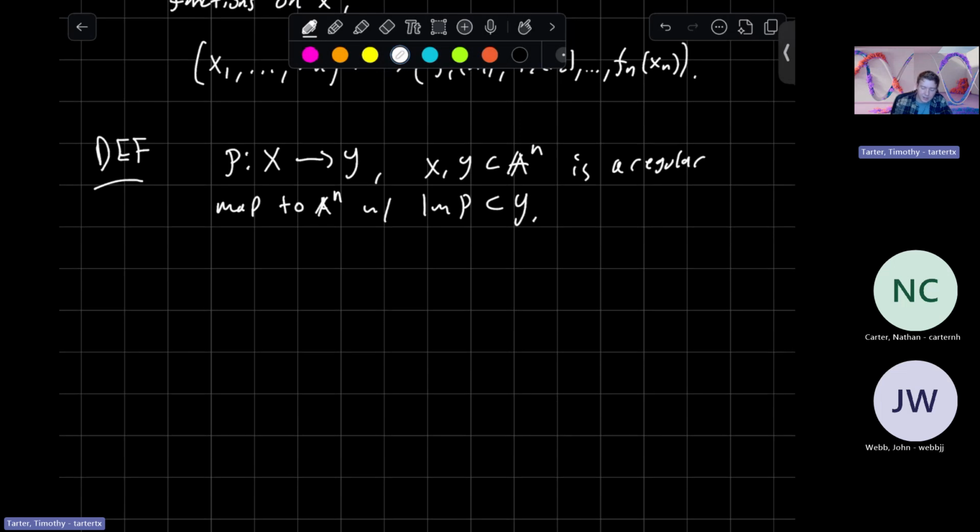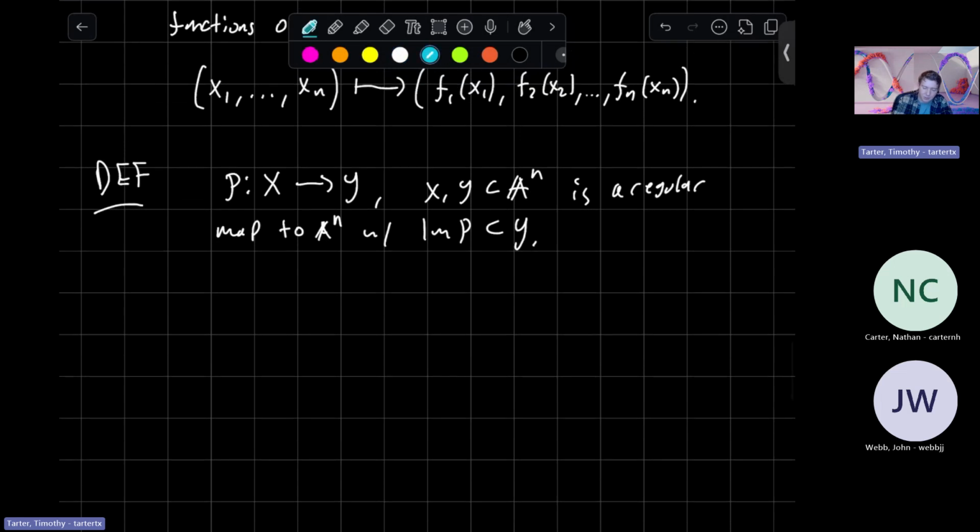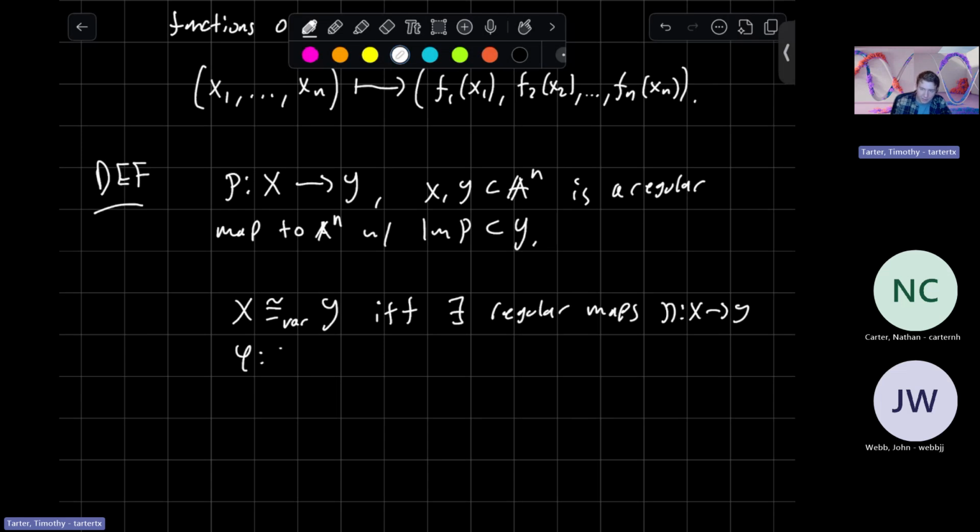Well, we like to say that because this whole business of maps between varieties is determined really by the fact that it's mapped to affine space and not just the second variety, we like to say that X is isomorphic to Y as a variety if and only if there exist regular maps eta from X to Y and phi from Y to X that are mutually inverse to each other.